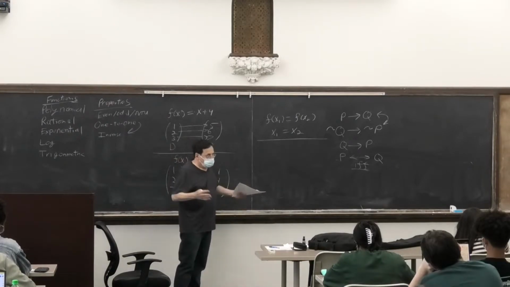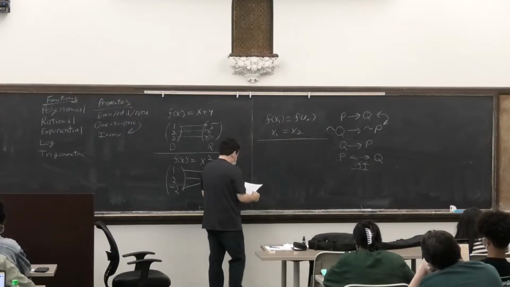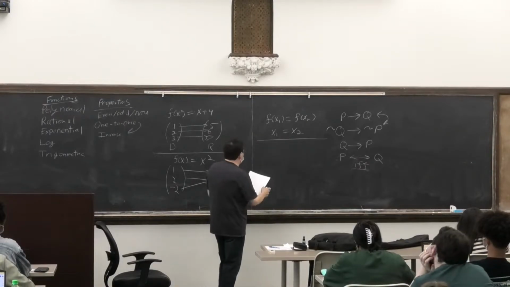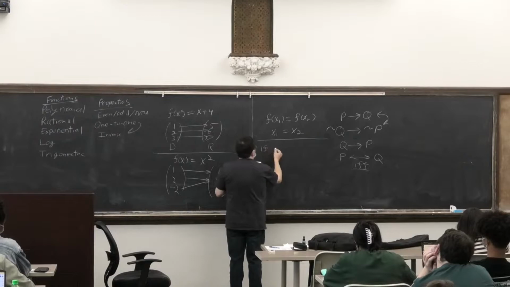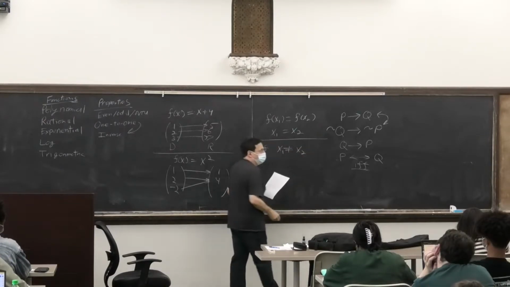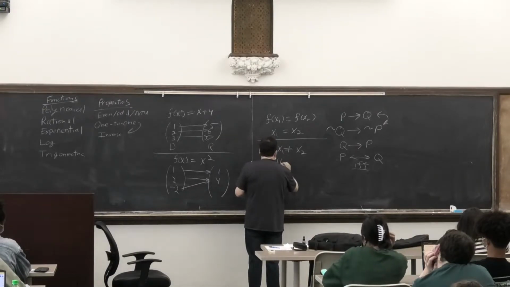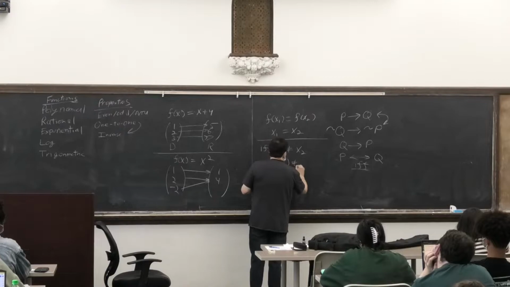Okay, the reason I bring this up is that we can form the contrapositive here, which is: x1 is not equal to x2, for a one-to-one function, then f of x1 is not equal to f of x2.